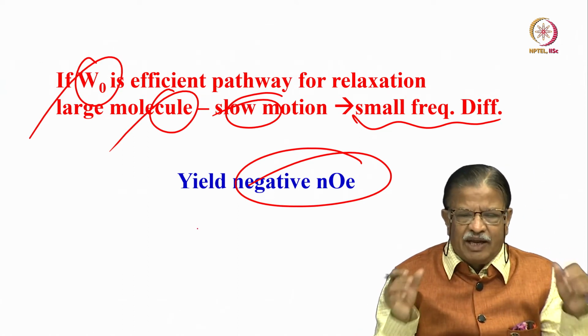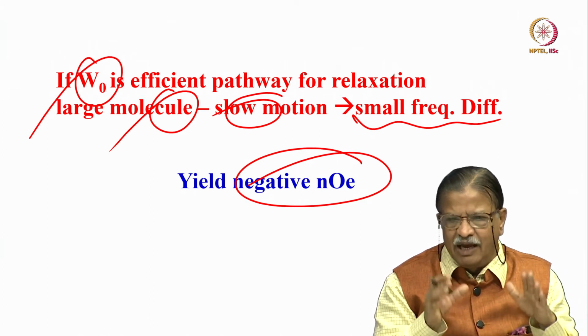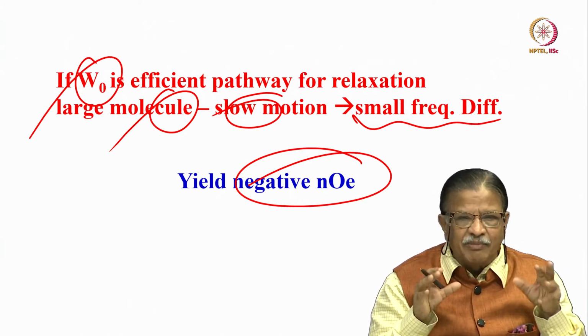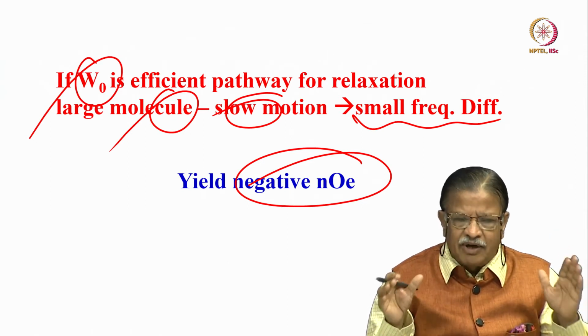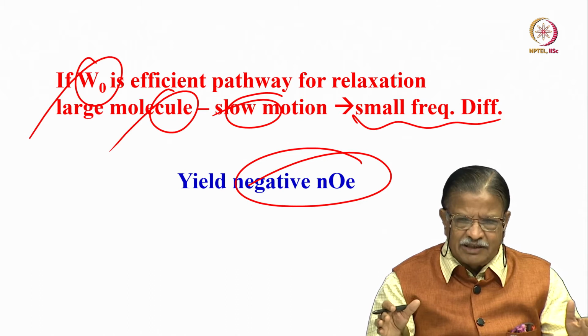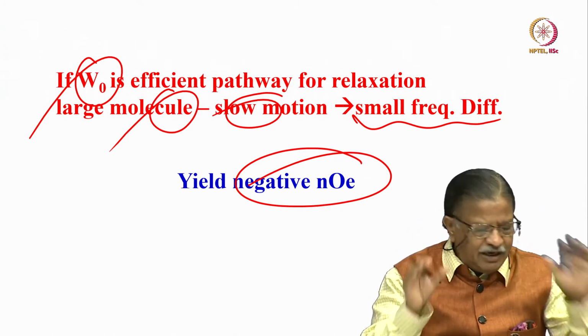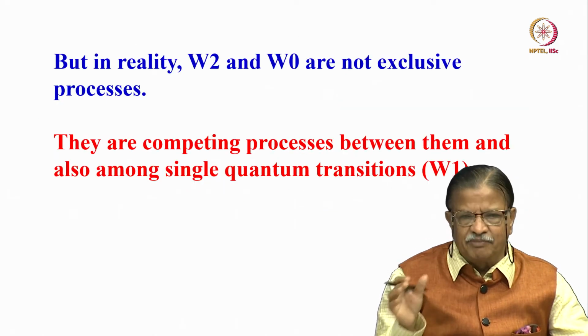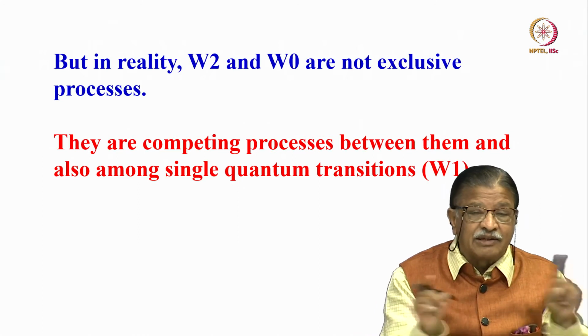So, positive NOE, negative NOE, now you understood, it depends upon the relaxation pathway and also on the size of the molecule and molecular motion. Small molecules have positive NOE, W2 is the relaxation pathway; large molecules have negative NOE and W0 is the relaxation pathway.